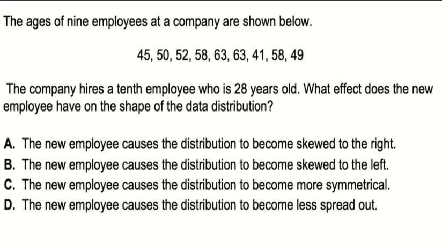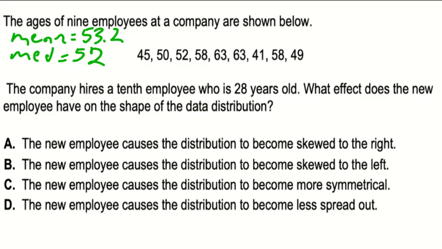All right, so when you look at it, what we're looking for is, first we want to look at our mean and our median before we add that 28. So if we look at our one variable stats, our mean is about 53.2 and our median is about 52. They're kind of close together, mean's higher though.